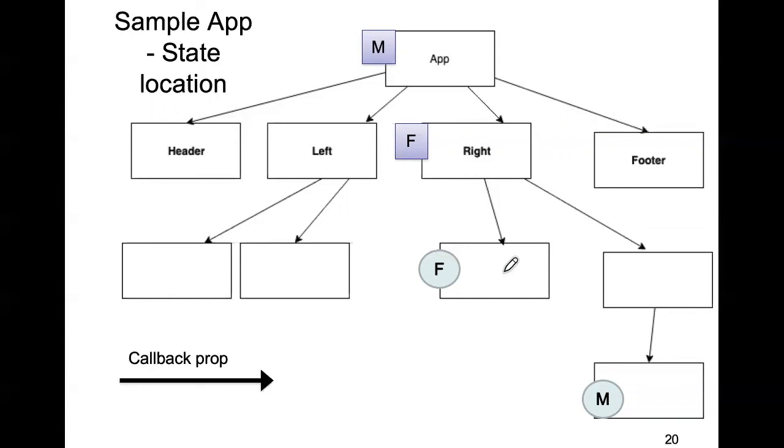So this is the component that will handle the user entering filtering input. But this component needs to know about it because it uses it for computation purposes. So what I'm trying to represent by this arrow is that this component needs to pass a callback function as a prop down to this component.